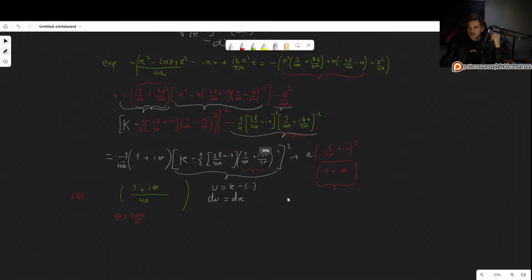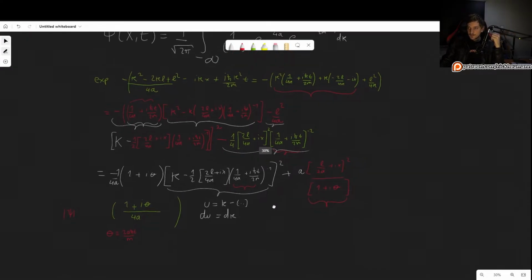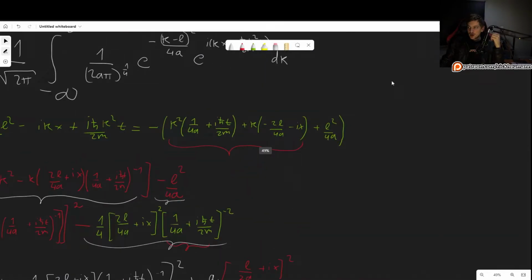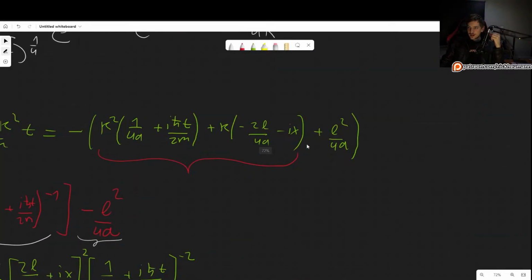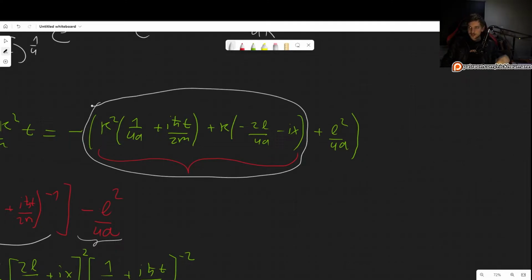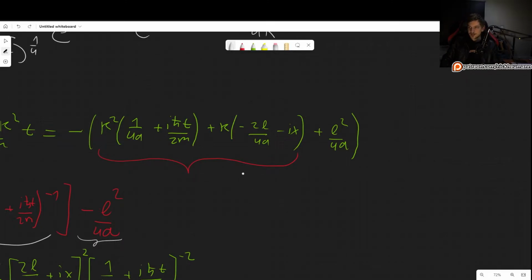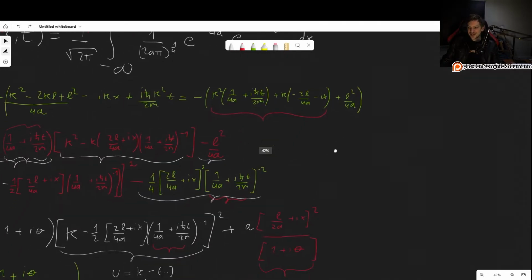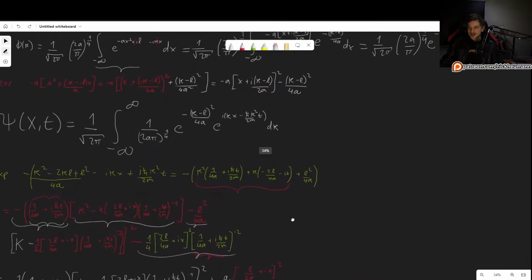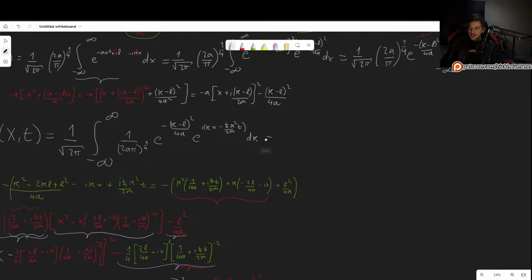So that is very, very nice. Now, the exponential was this thing, and we just found what is in this part, right? We just found that. But we cannot forget that we still need to include this, okay? So we have to be very careful. Don't forget about it. All right, so with that in mind, let's now plug everything into our integral.